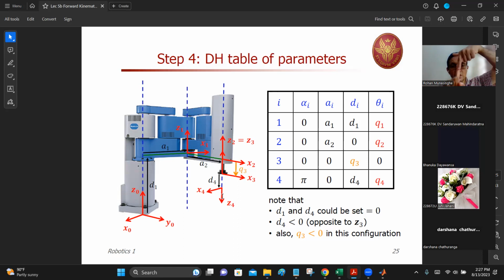They're actually on top of each other. So therefore, there's no motion between them. So it is 0 here. a is 0. And if there's a twist between the two z-axes, z3 and z4, well, yes, one is looking upward, the other one is looking downward. So therefore, there's a twist of 180 degrees. That's why this pi here.